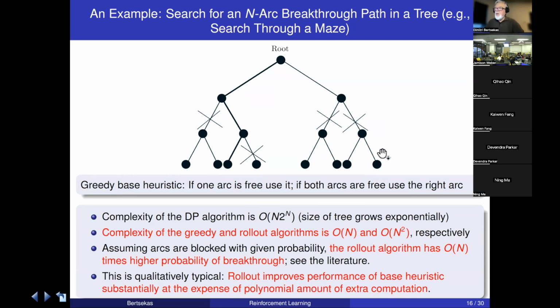However, the number of calculations that it does is typically polynomial, so there's a polynomial expansion factor over the complexity of the heuristic. And this is an example that illustrates quite clearly this factor through analysis. This is qualitative. It's not rigorously established, but in practice, that's what happens.